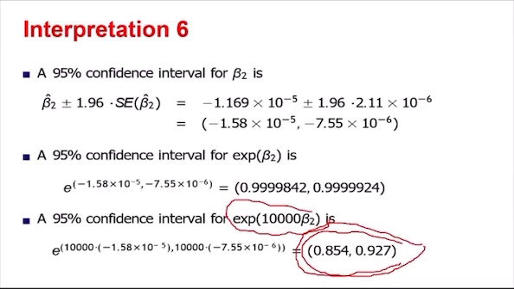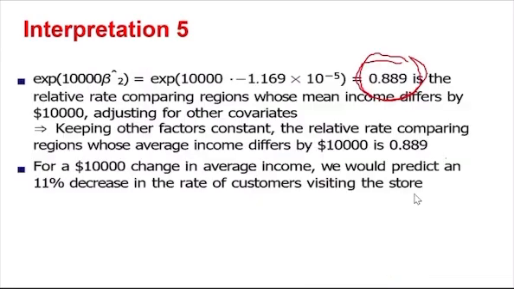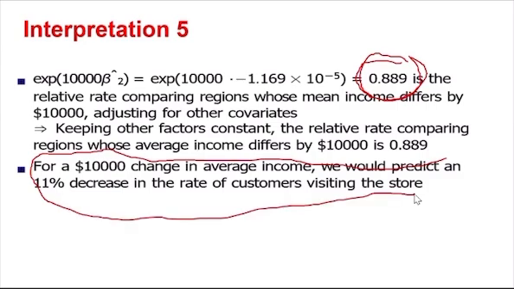The other time, without any uncertainty, look at the interpretation for a $10,000 increase or change. For a $10,000 change in average income, this 11% is a point estimate that could be too low, that could be too high, that is subject to variation.